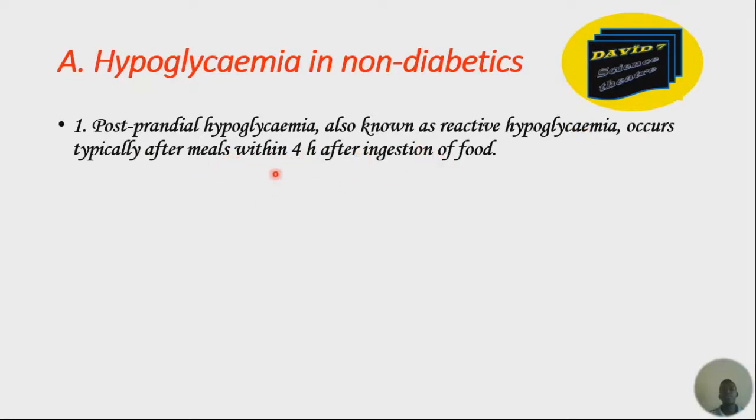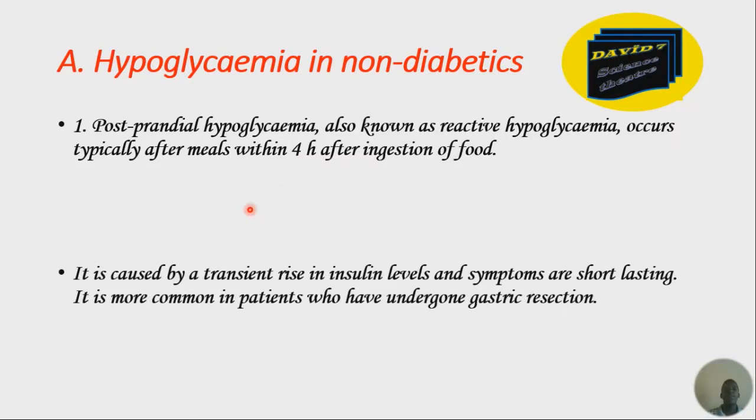That is just postprandial and is normal. It is caused by a transient rise in insulin levels, and symptoms are short lasting. It is more common in patients who have undergone gastric resection. Those people encounter postprandial hypoglycemia, and there's a transient rise in insulin levels.